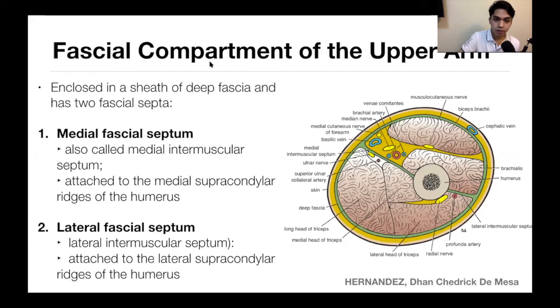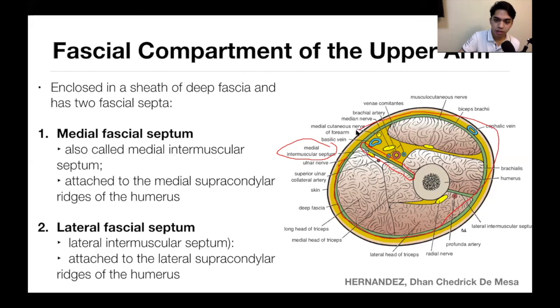The medial fascial septum is right here. Take note that not all the green portion in this illustration is a septum, because the one surrounding them is the fascia, the deep fascia.